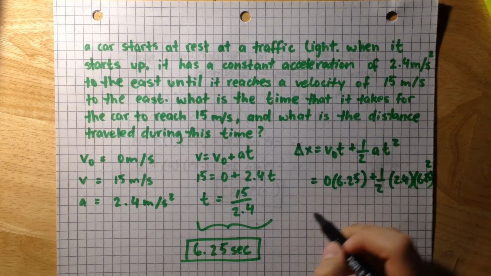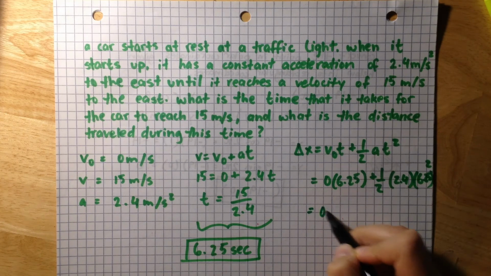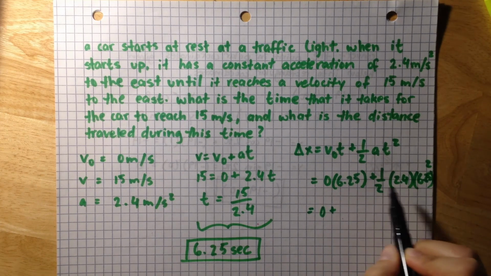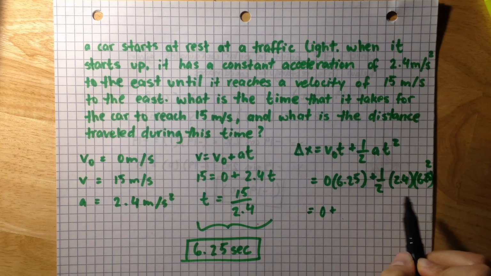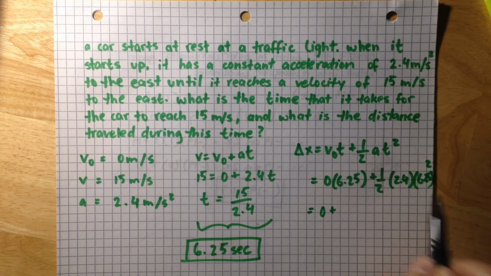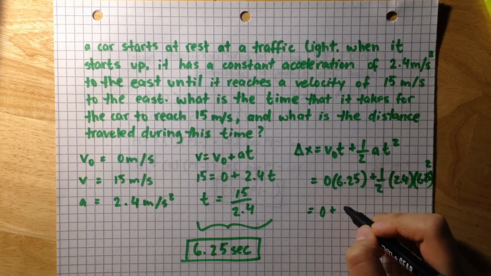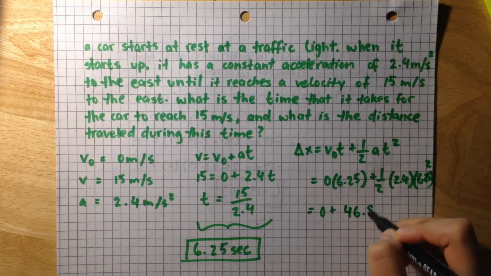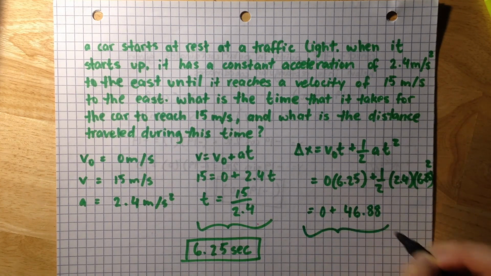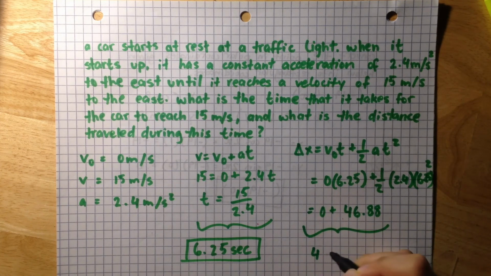So 0 times that is 0, plus 1/2 times 2.4 times 6.25 squared, which is 46.88. So the delta x is 46.88. This is how far the car travels in 6.25 seconds.